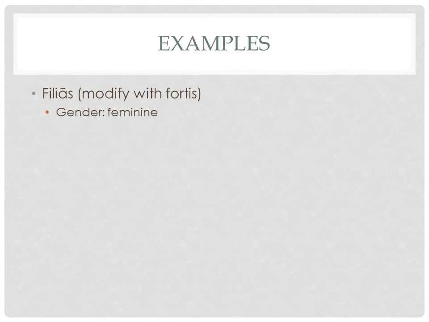The next thing we do, of course, we're looking at that ending, the long AS ending. And that's going to tell us the case of this, which is going to be accusative. It's also going to tell us the number, which is plural. So just by looking at filias, we can tell that it is feminine, it is accusative, and that it is plural. So in order to create the right form of the adjective, we figured this out. Now we just need to make sure we're using the right ending.